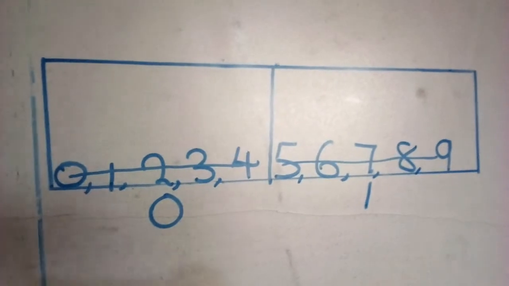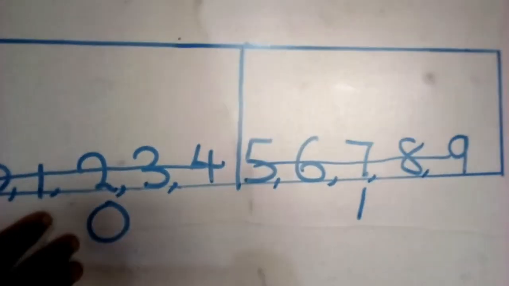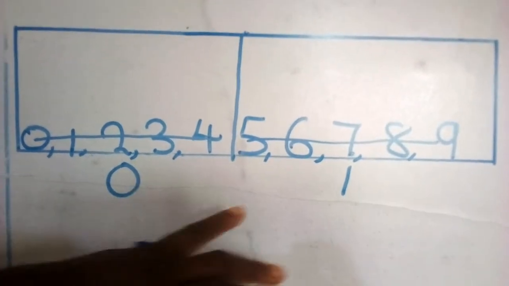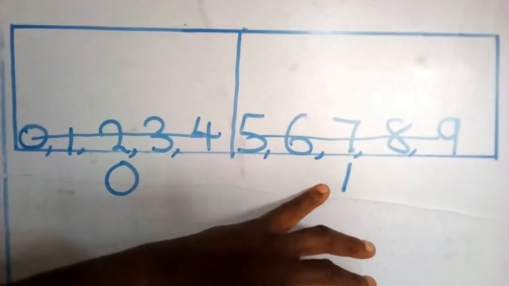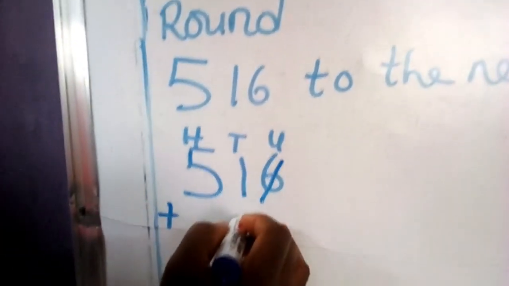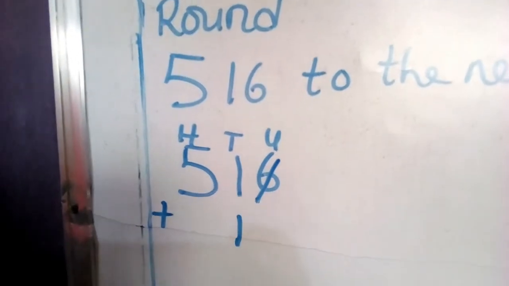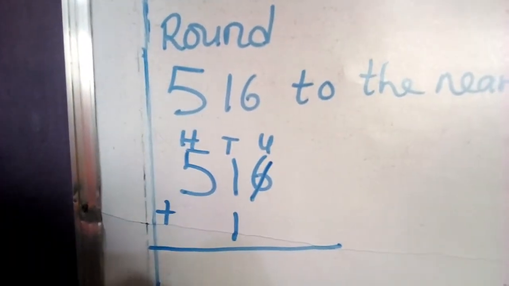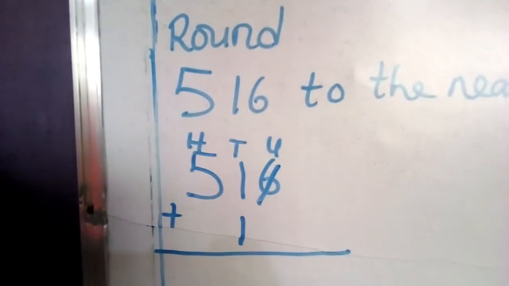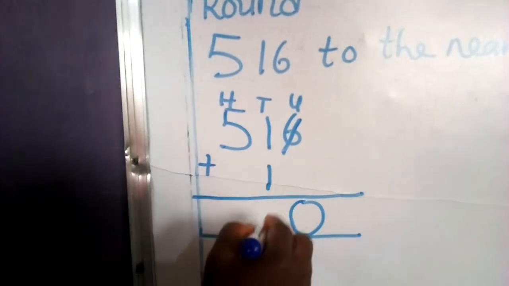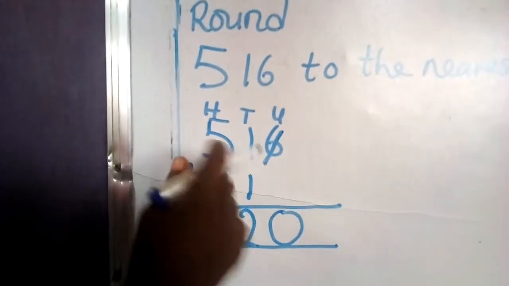So let's go to our chart. Where does 6 fall? Is it on 0 or where? 1. So 6 is 1. We say 6 has gone to tens to become 1. So we are adding 1 to tens. So this 6 has become 0, and 1 plus 1 is 2. And we bring down our 5.